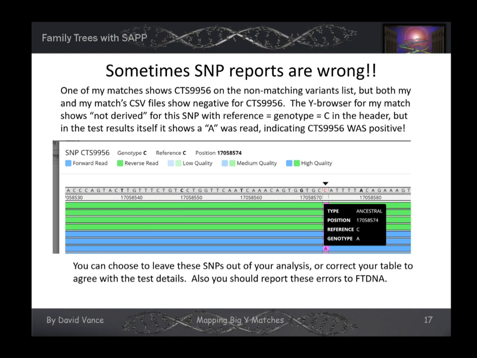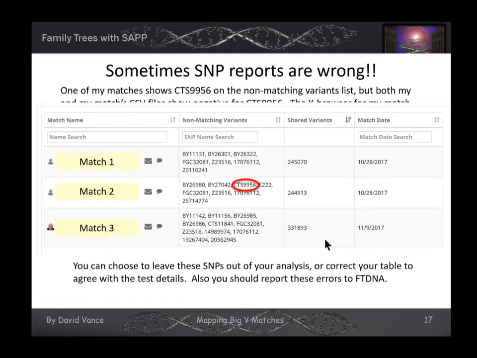Sometimes, by the way, be aware that SNP reports are wrong. I found this when I was comparing my own matches, and it surprised me, quite honestly, because I tend to count on those being correct. But if I refer back to this match list, CTS9956 appears for match 2 in my non-matching variant list. So I checked in my own CSV file, and I was negative for that, so I marked it negative.